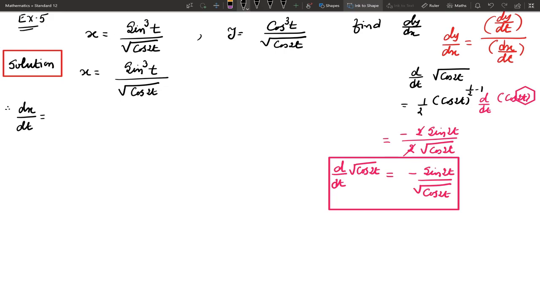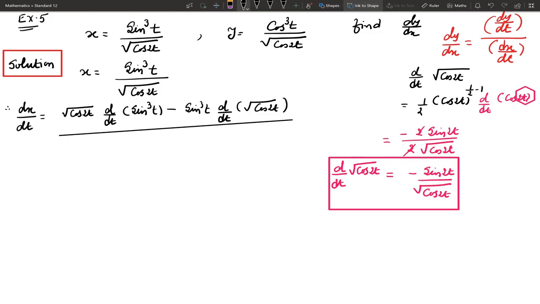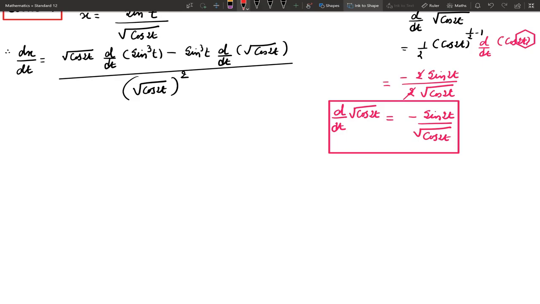So root cos 2t into d by dt of sin cube t, minus sin cube t into d by dt of root cos 2t, upon root cos 2t whole square. We have used this division formula.